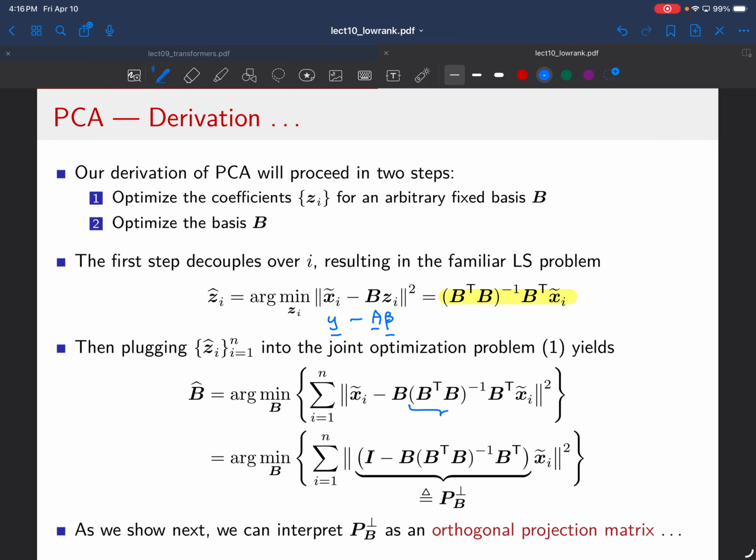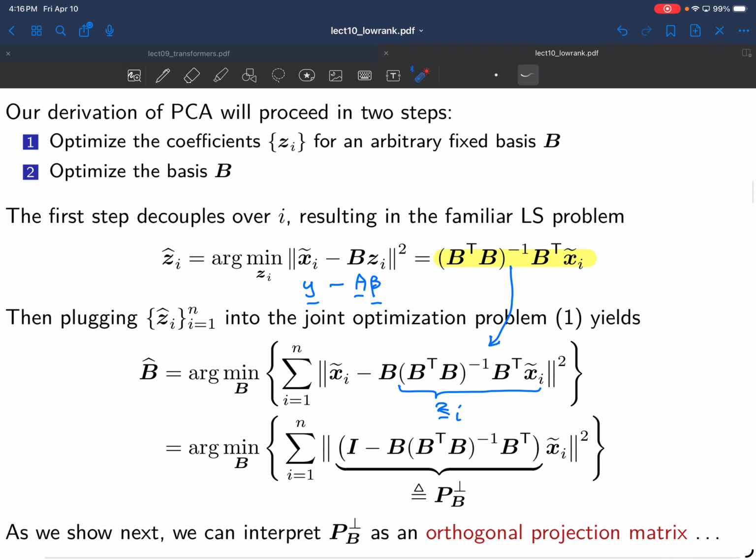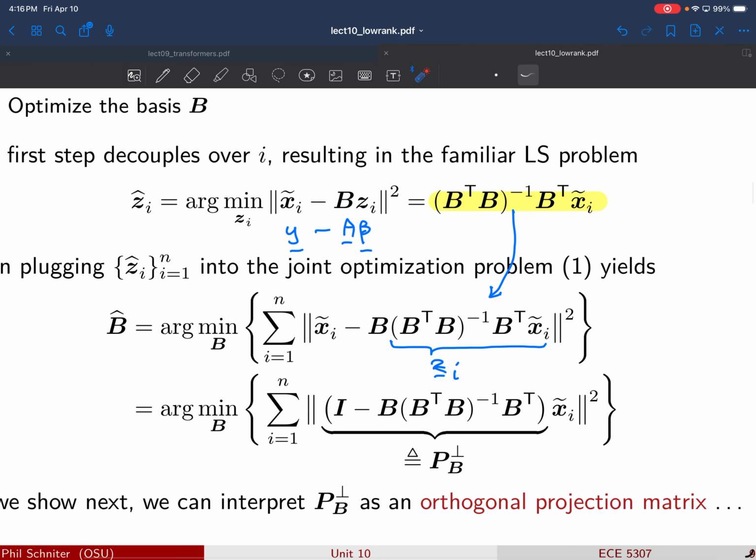This was Zi, and so now we plug in this expression for Zi, and the result is a new expression for what we want to optimize that involves only the B coefficients. But as you can see, it's a little complicated because B appears 4 times inside a matrix inverse and so on. So this is why it takes a little bit of work to figure out what is the optimal B.